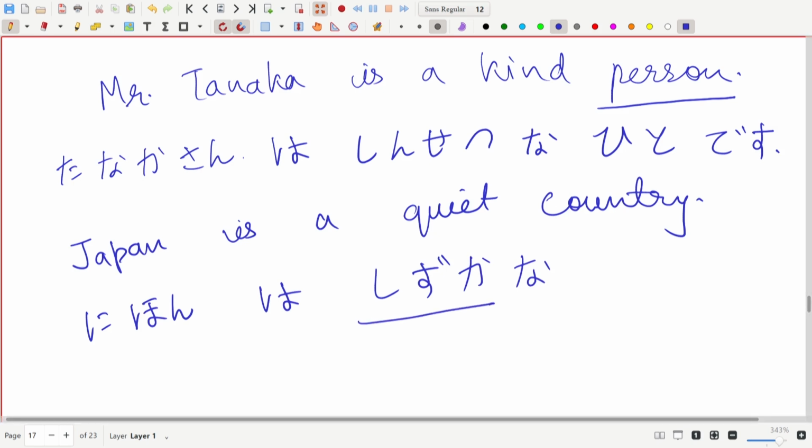Shizuka is quiet. Na will come before country. Country is kuni. Shizuka na kuni desu. So this is how we use particle na. Na is used as a particle here. So this is how we use particle na after na type adjective when it is coming before a noun.